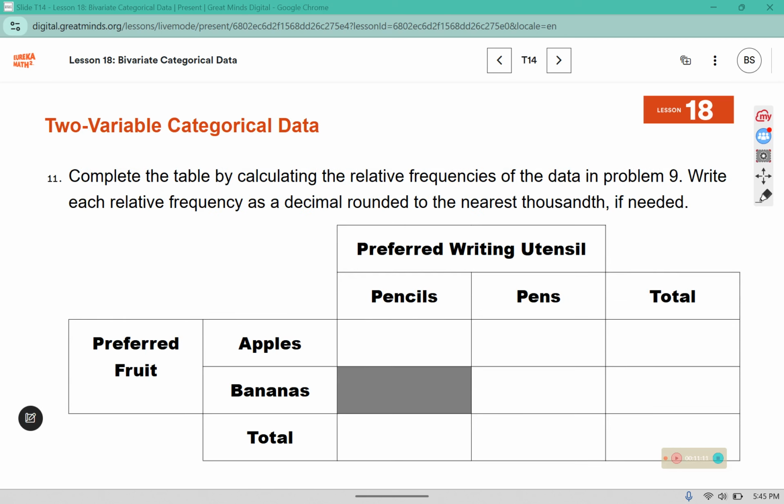Complete the table by calculating the relative frequencies of the data in problem 9. Write each relative frequency as a decimal rounded to the nearest thousandth if needed. To change it from a two-way table to a relative frequency two-way table, we're going to divide by the total.